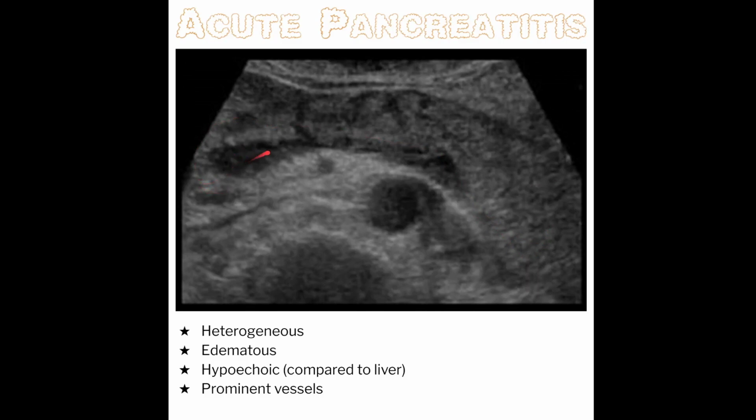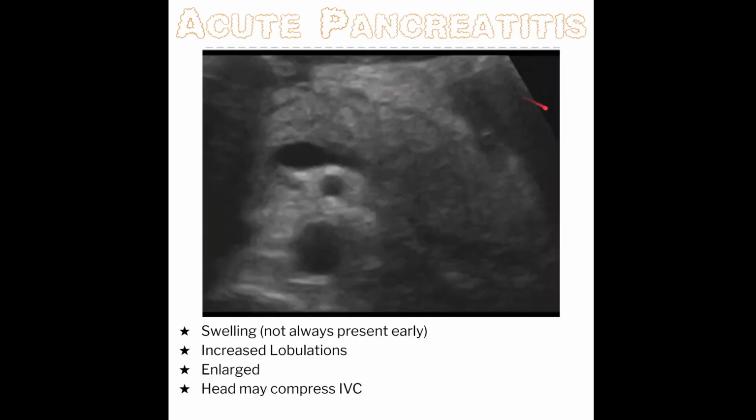This is the splenic confluence with the splenic vein running posterior to it. We have the aorta here and the spine. So all of this is very large, fluffy, edematous, and much darker than what we would expect the pancreas to be.